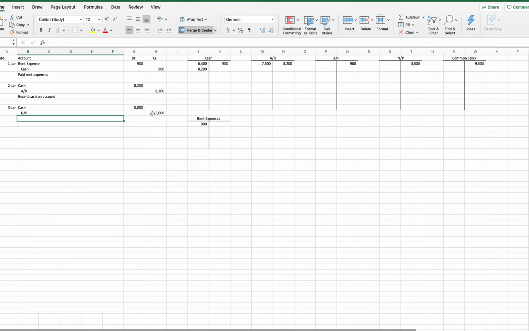So we're going to go ahead and post these to our ledger or our T accounts. The first thing I'm going to do is find cash and post that debit of $5,000 to cash. Okay, so this journal entry is posted. Now I need to post the notes payable.